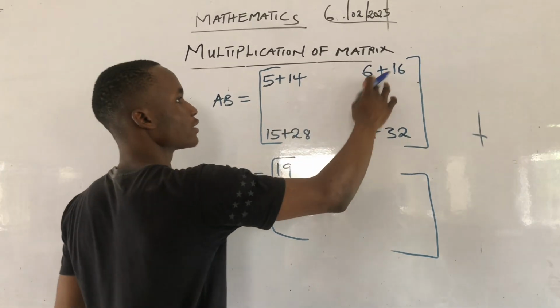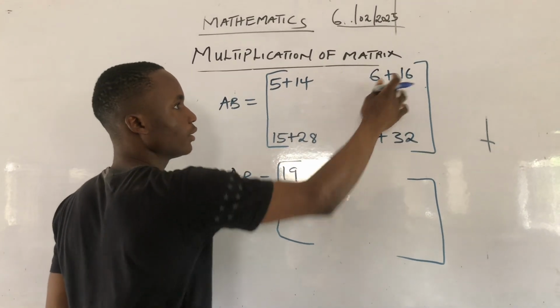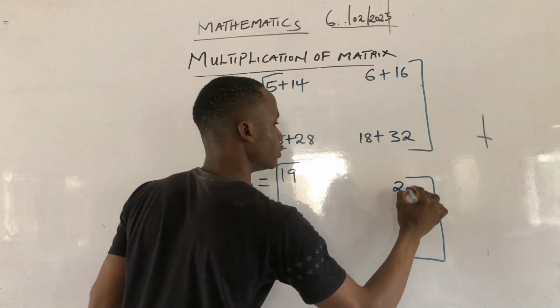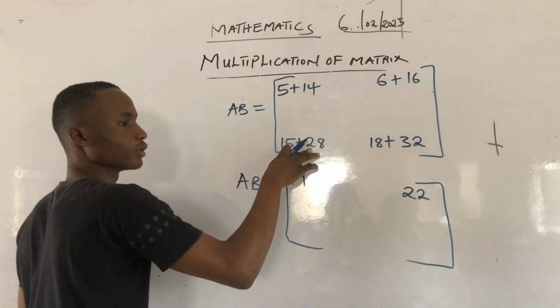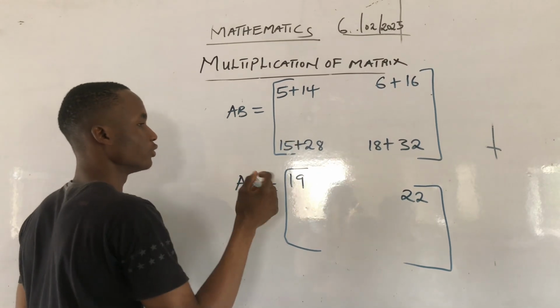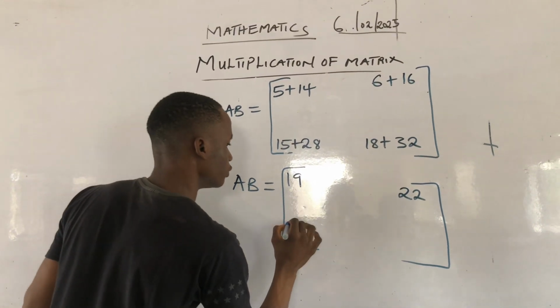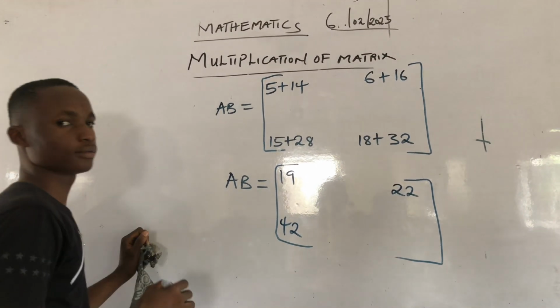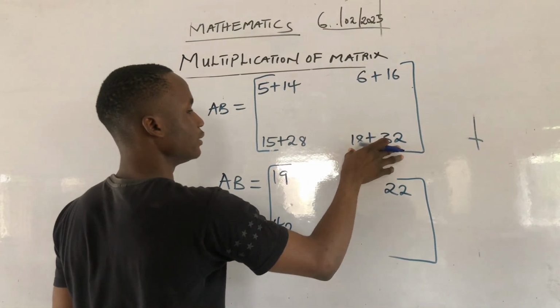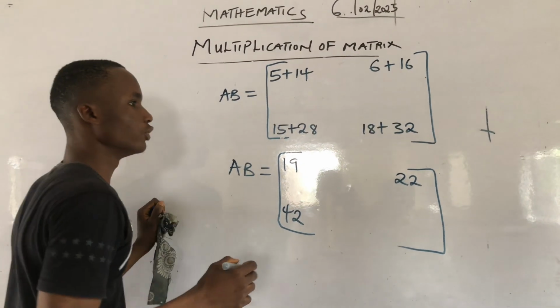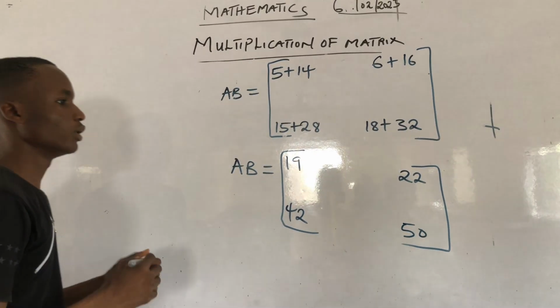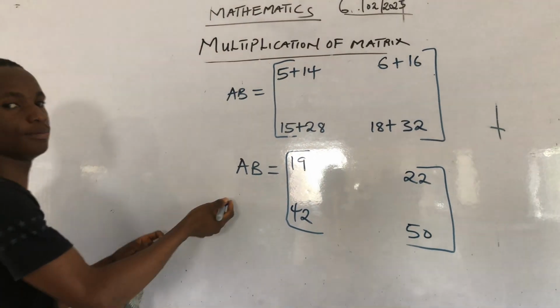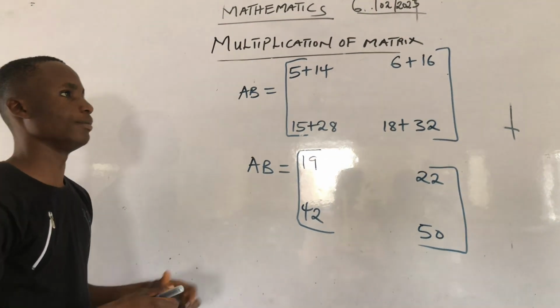So 6 plus 16 will give us what? 22. Now let's go. 15 plus 28 is going to give us what? 42. Right? Yeah, let's go. Now 18 plus 32 is going to give us what? 50. So this is what we have as our AB.